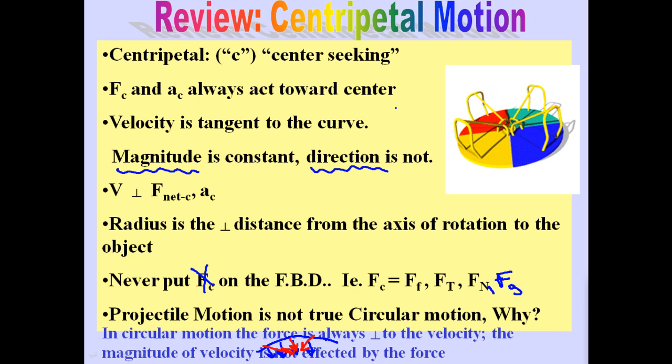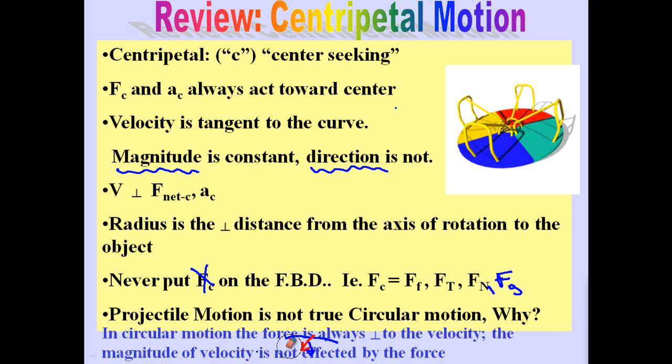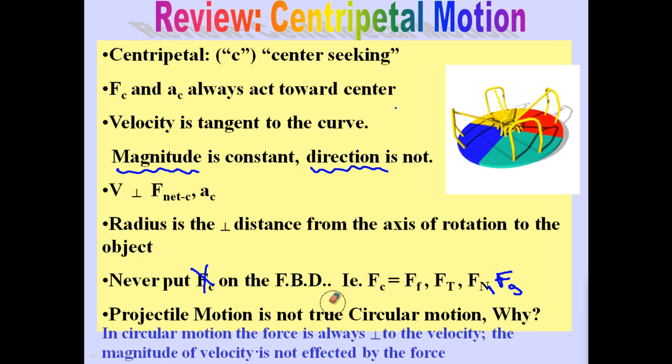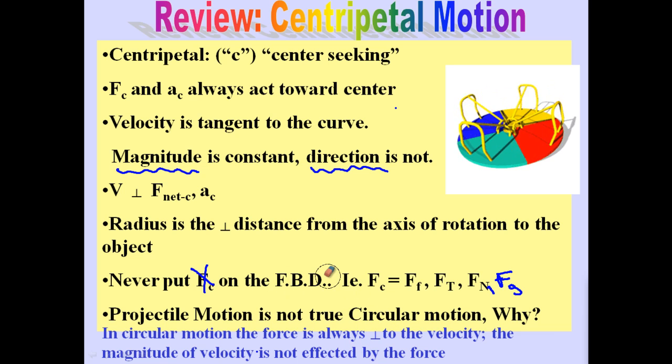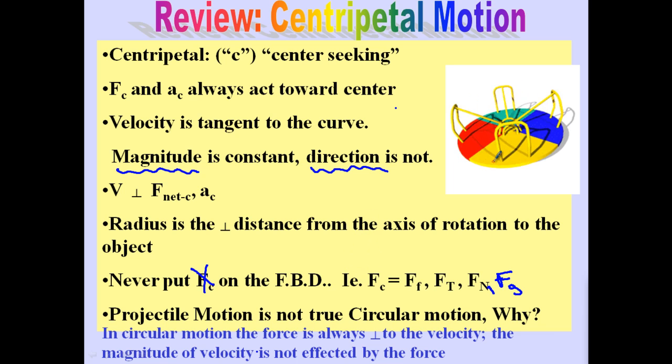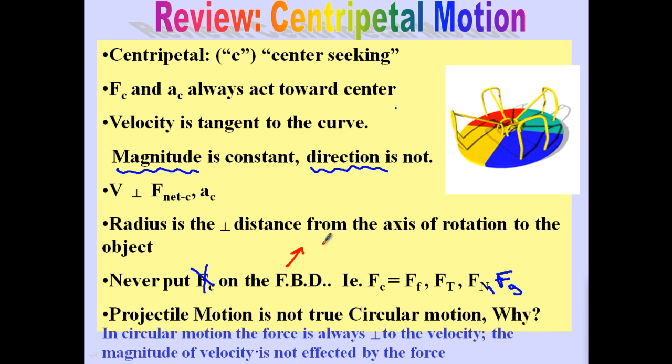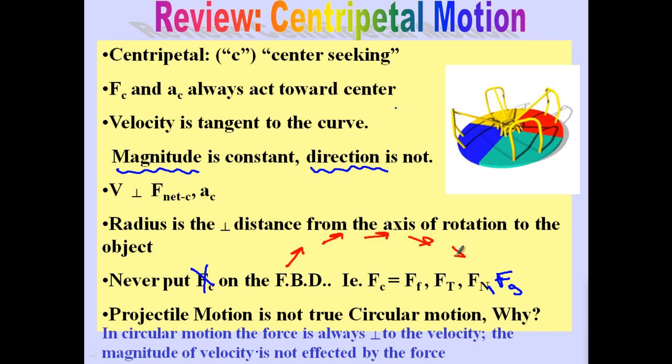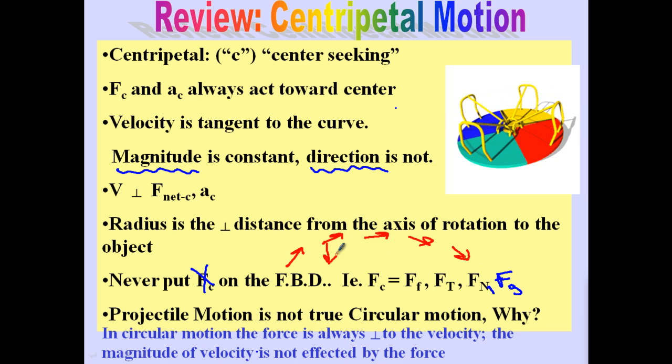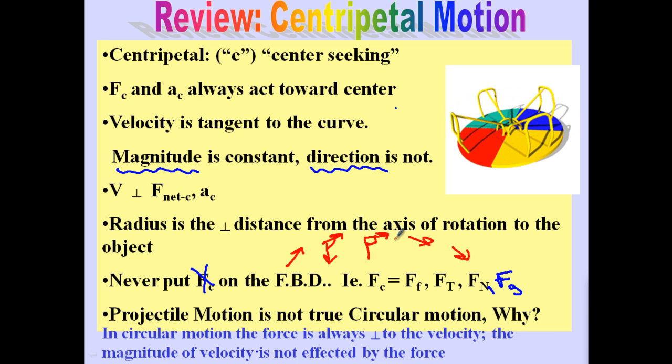Also, in circular motion the force is always perpendicular to the velocity, but in our projectile motion problems, our velocity starts here and goes like that, but acceleration is always downwards. That's not perpendicular. The only place it's perpendicular is right at the very top.